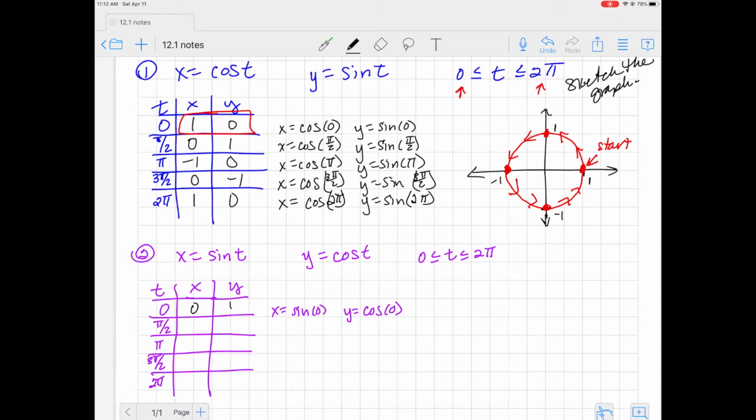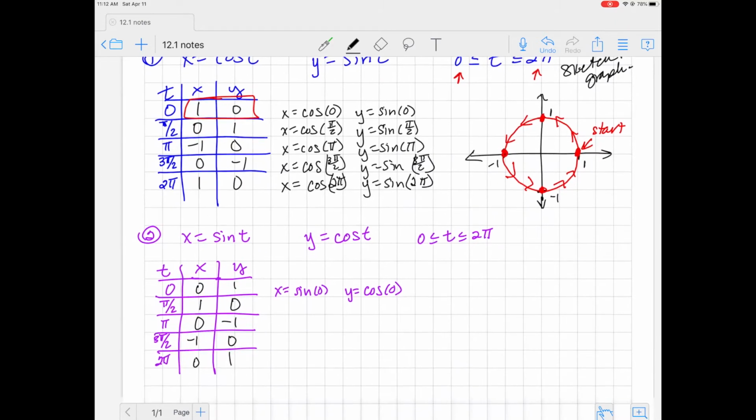I'm not going to write all these out again because you can just do this, right? If I plug in pi over 2, sine of pi over 2 is 1, and the cosine of pi over 2 is 0. Sine of pi is 0, cosine is negative 1. For 3 pi over 2, sine is negative 1, cosine is 0. And then back to that 2 pi to get that.